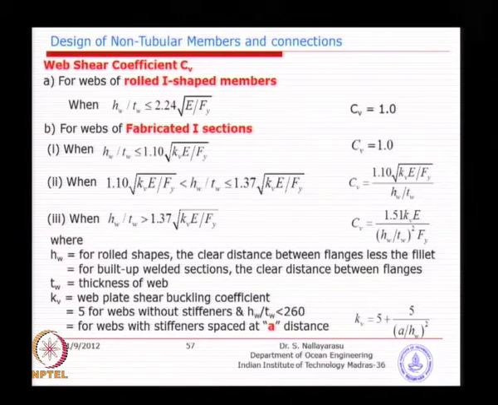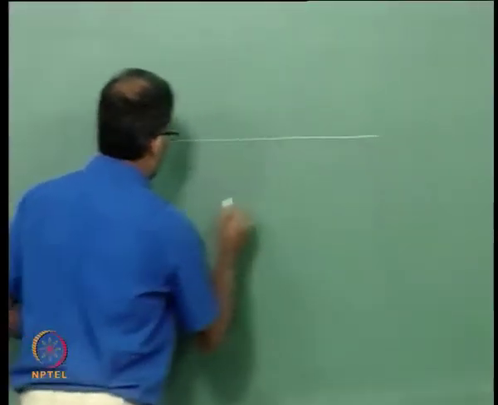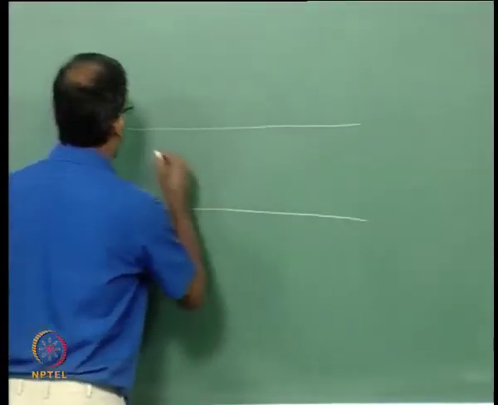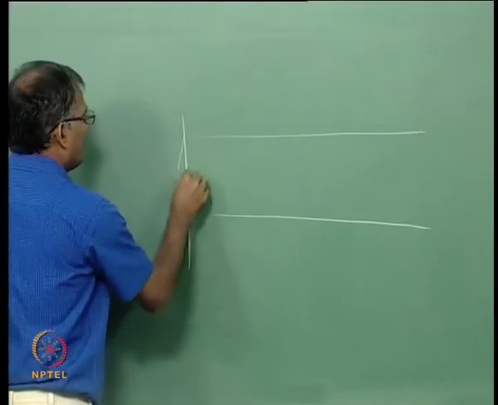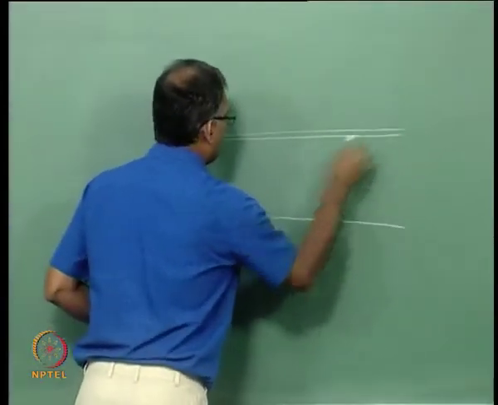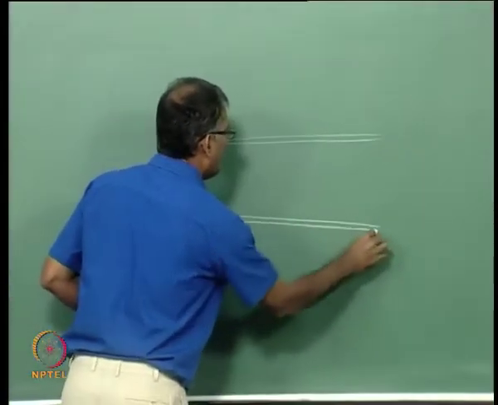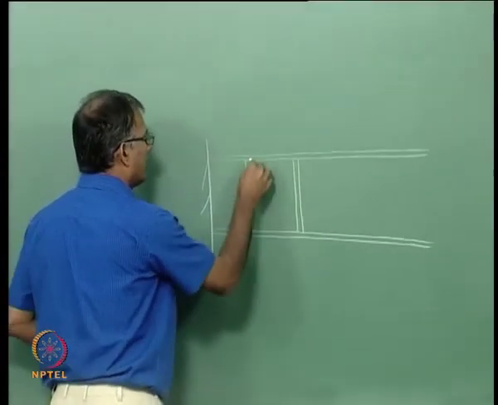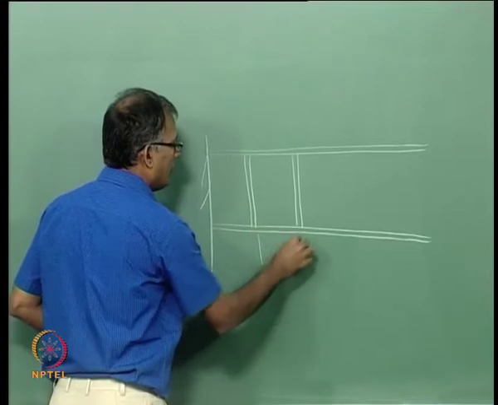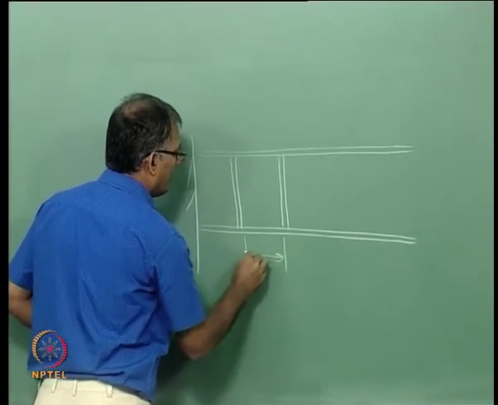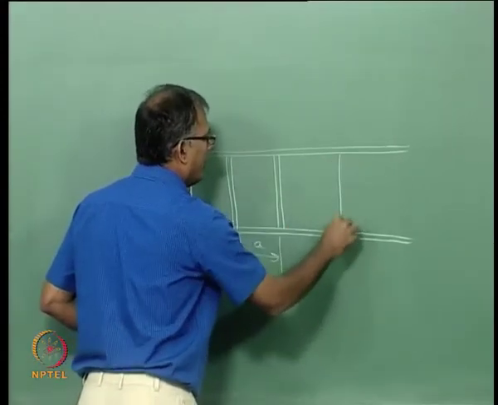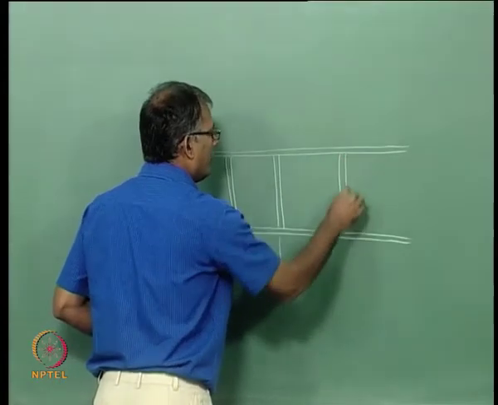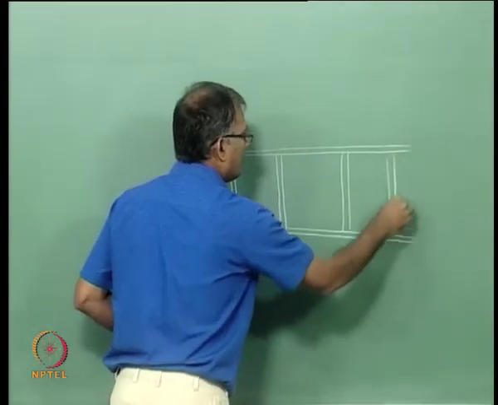So remember, if I draw one plate girder, and that is your support, and your web is stiffened by stiffeners in this fashion, periodically you provide stiffeners.